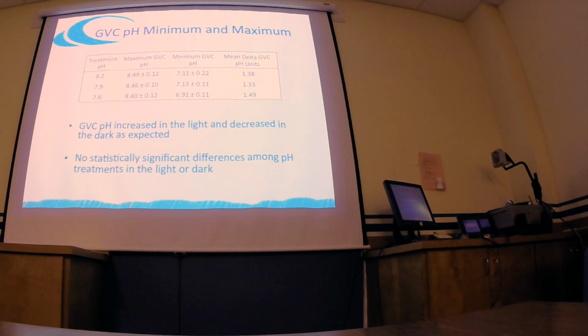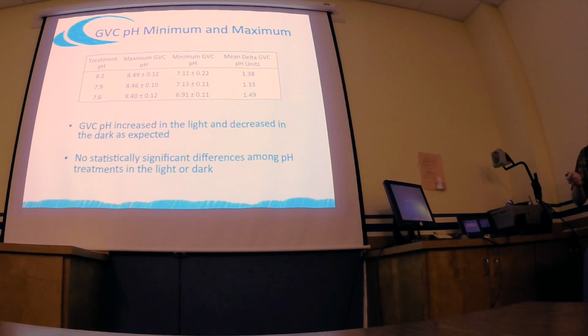We see that they're all about 8.4, and so they're not very different. But in the dark, it appears that the one at 7.6 is slightly reduced, but they're statistically not different, since you can see that there is a similar variation, and also they've been analyzed to not be different.